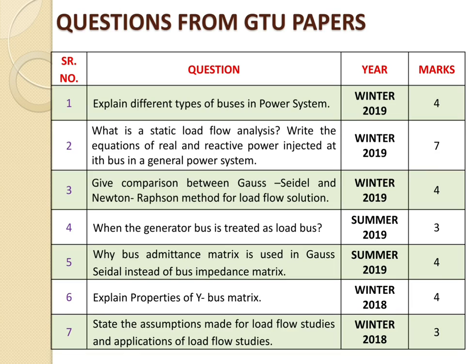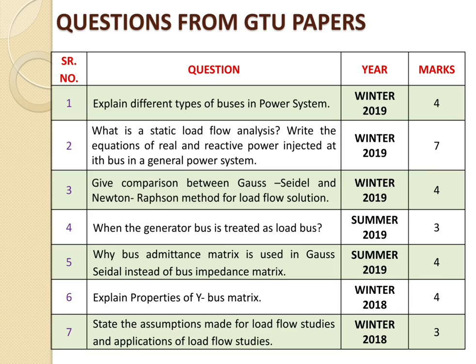Then, give a comparison between Gauss-Seidel and Newton-Raphson methods for the load flow equation. If we remember the theory of the GS method and the Newton-Raphson method, we can easily write the comparison. That is already finished in lecture number 2 and lecture number 3.